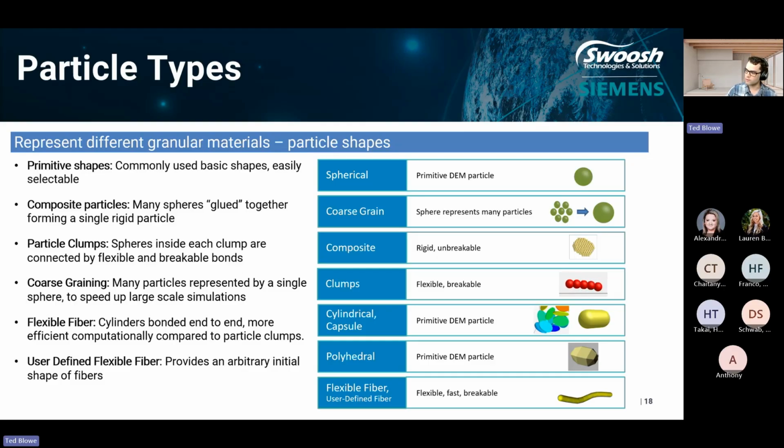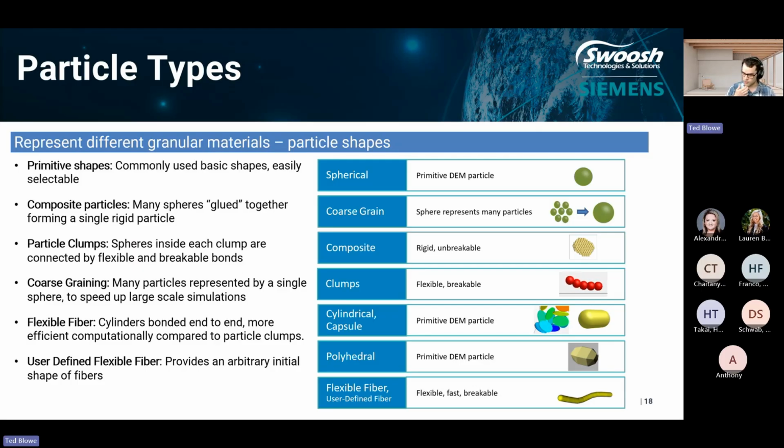Next is the flexible fiber. And this is a bonded particle fiber representation and used for fiber transport when bending or interaction is important. And then an extension of the flexible fiber is the user-defined flexible fiber, which is useful when the basic flexible fiber needs tailoring with respect to geometry, bonding, or the response.